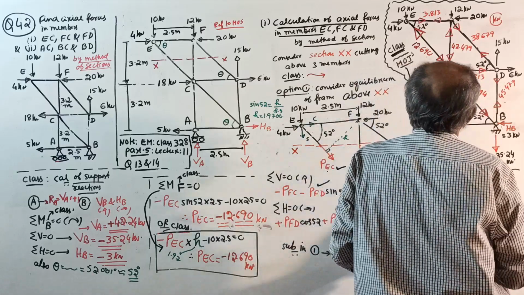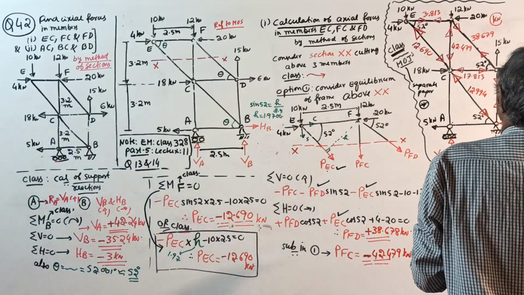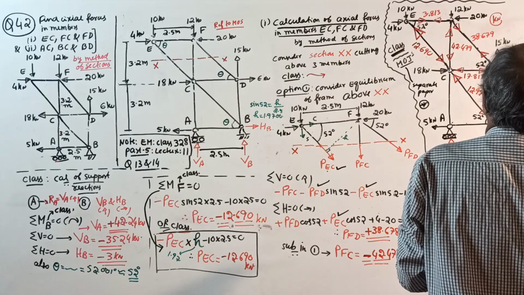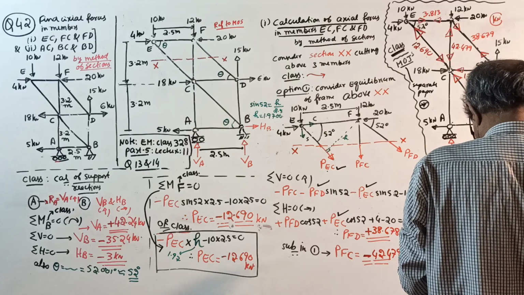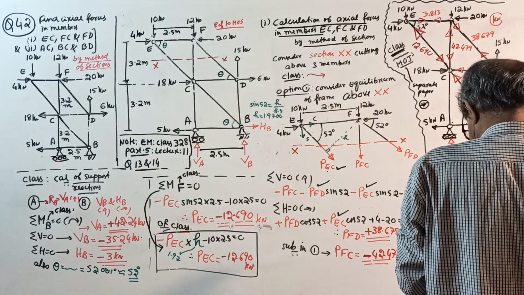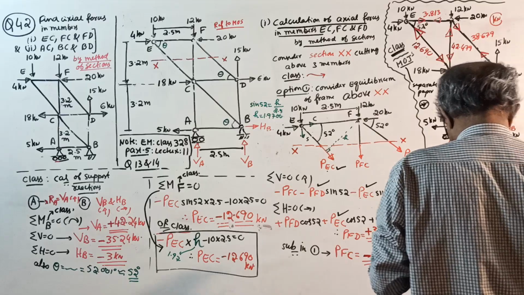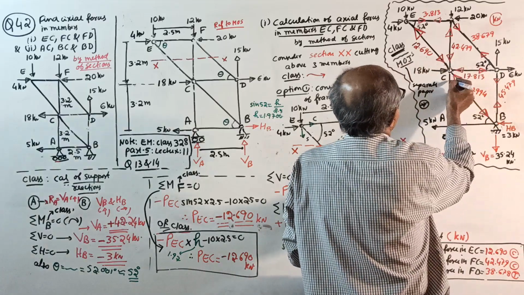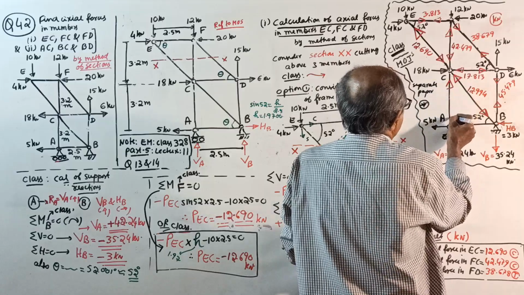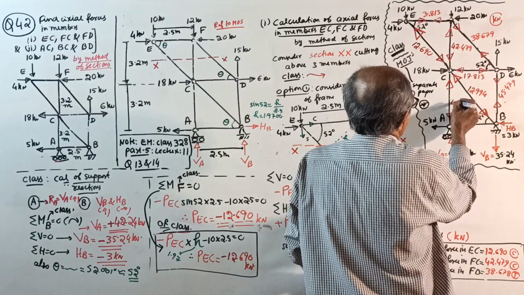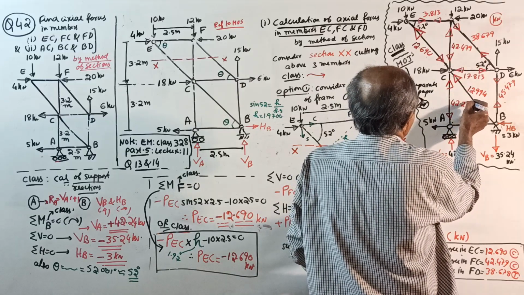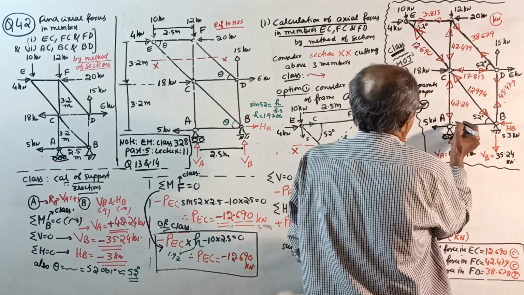Now, vertical component. 12.690, 12.994, 42.479. 42.24 up. This member force 5.